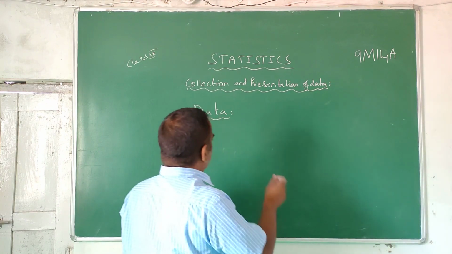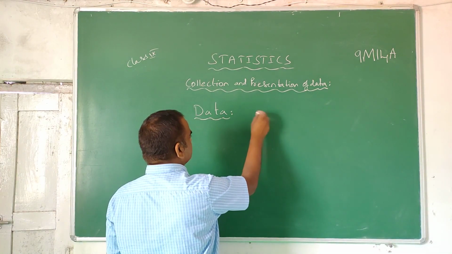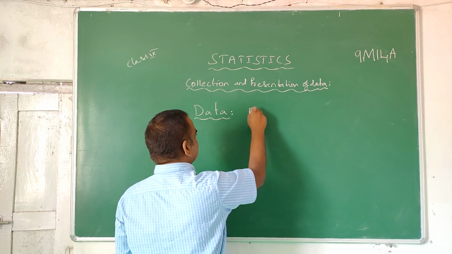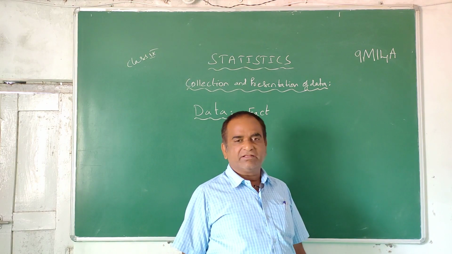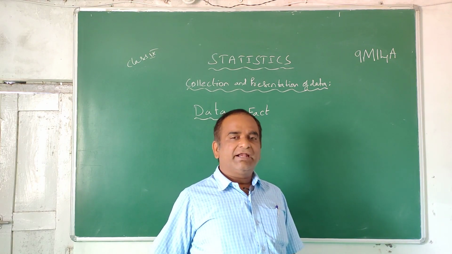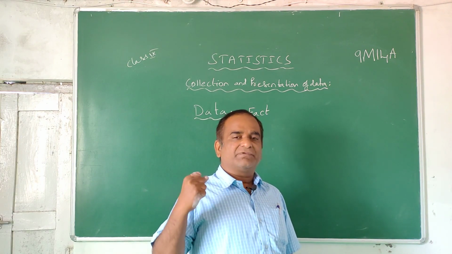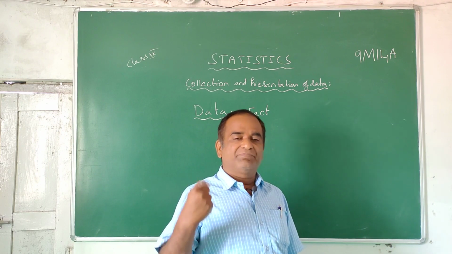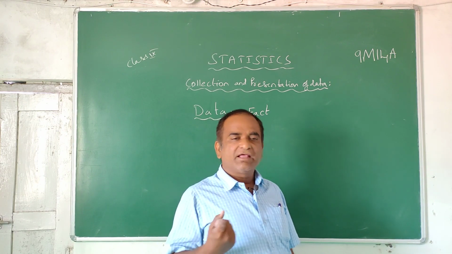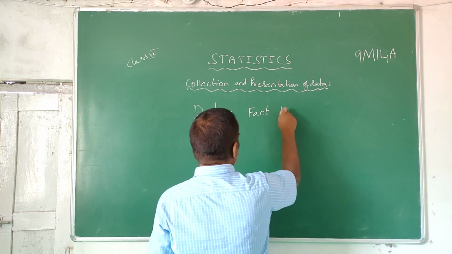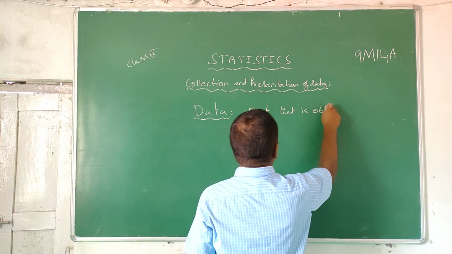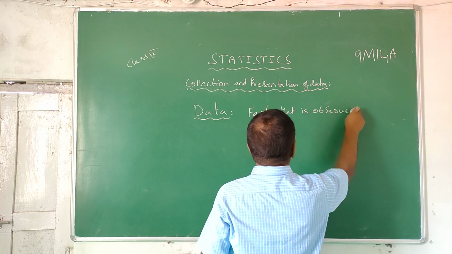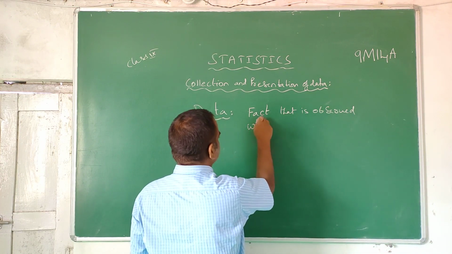Data means it is a fact which is observed. Data means a fact that is observed with a definite purpose.